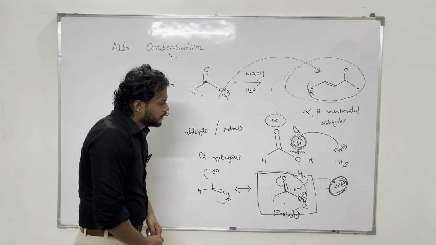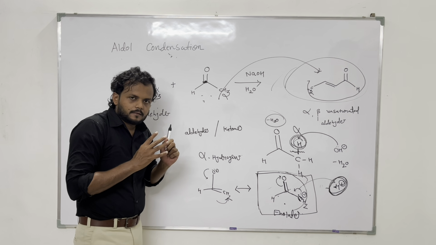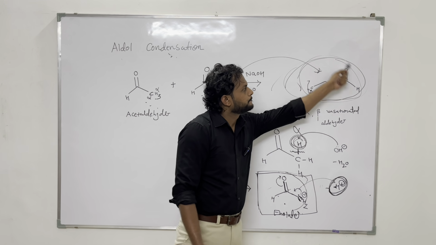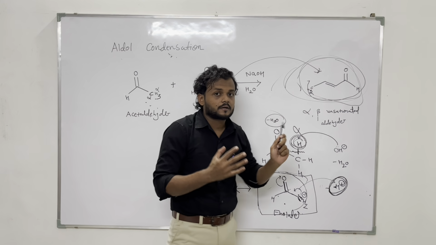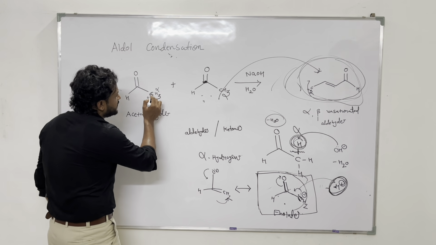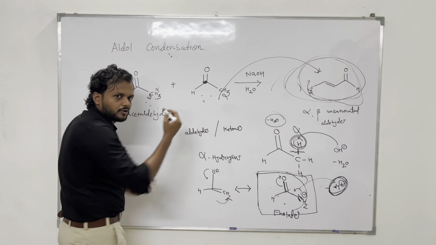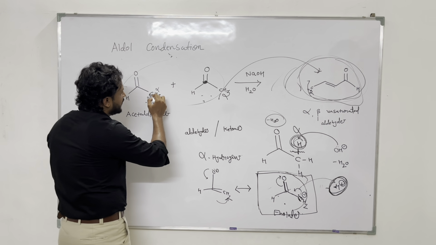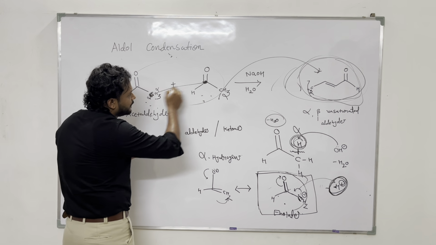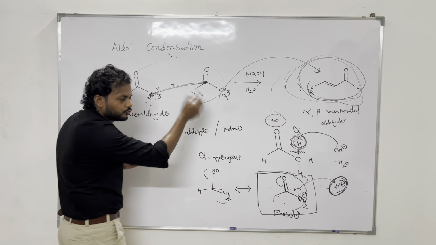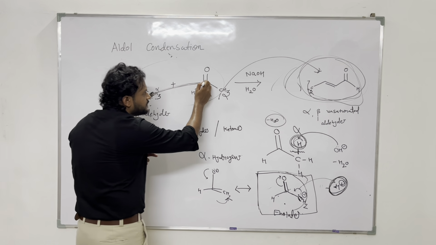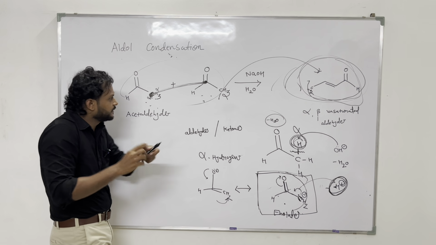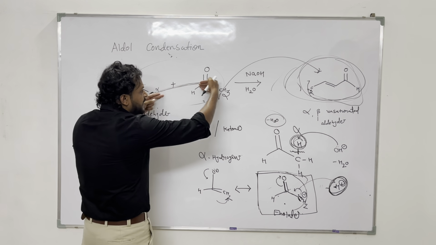Now this strategy helps us to make the connection between this carbon and this carbon, because we simply want to merge them. You can see that we want to connect this carbon with this carbon, and for that we need something that can connect them.